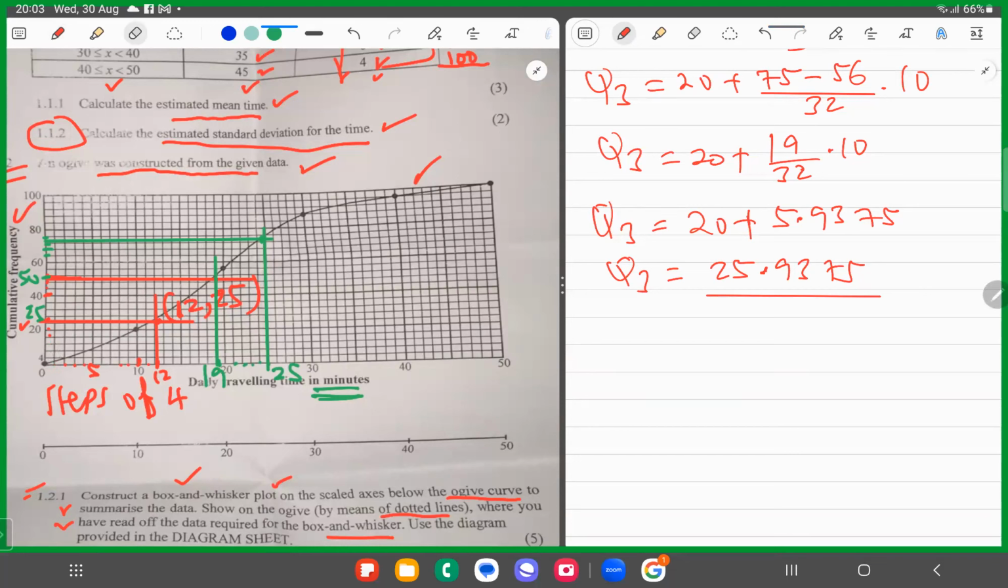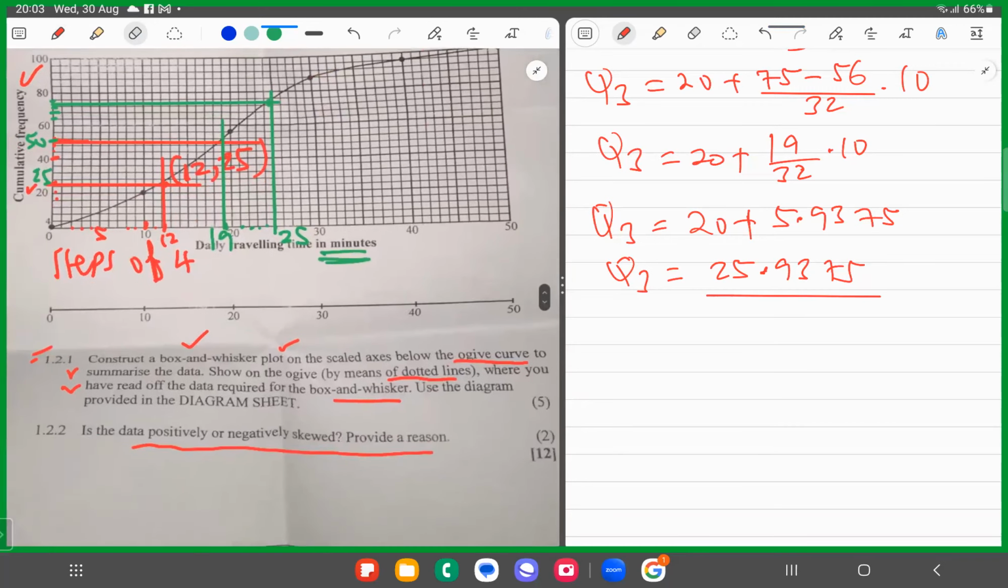Now, we need to construct the box and whisker plot using the diagram sheet, but I want to mention that in view of what we call the 5-number summary, the 5-number summary.